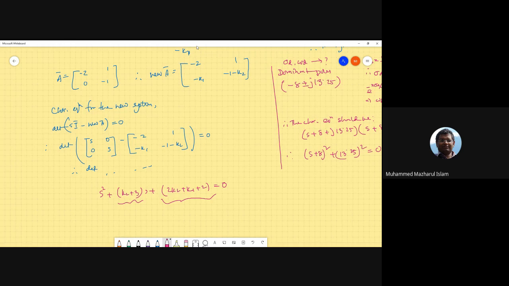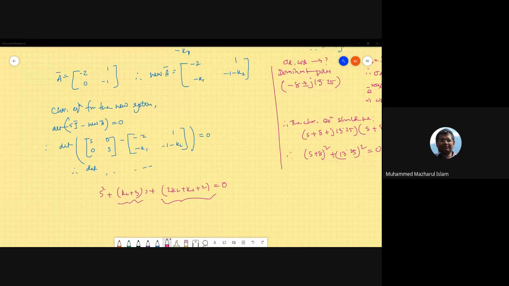So that's why we prefer to have the systems in either phase variable or controller canonical form in order to get easier solutions. But controller design can be done in other forms as well. It's not a problem.